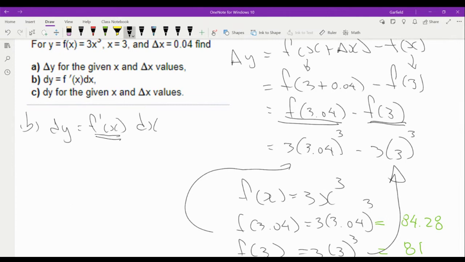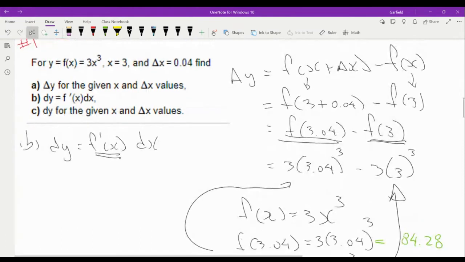So we have to find the derivative of the function. Right? So what is the derivative of that function? 9x squared. I agree with you. So dy is equal to 9x squared times dx. There you go. That's part B. We're done.